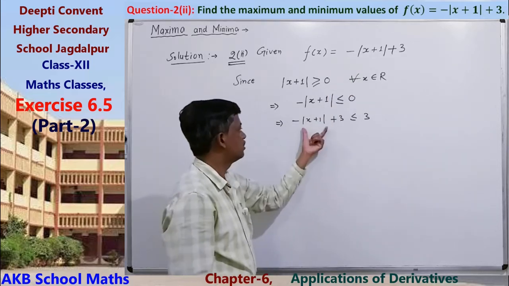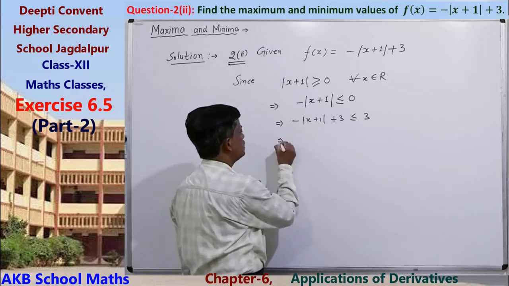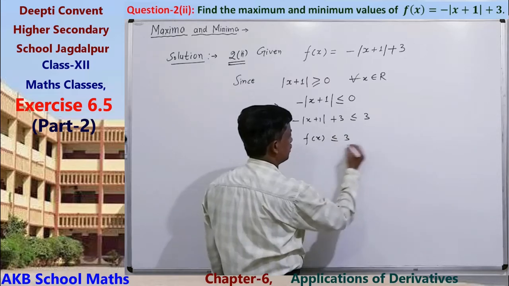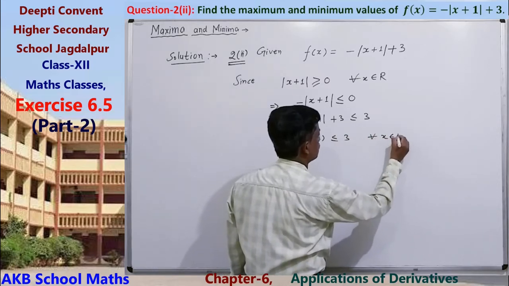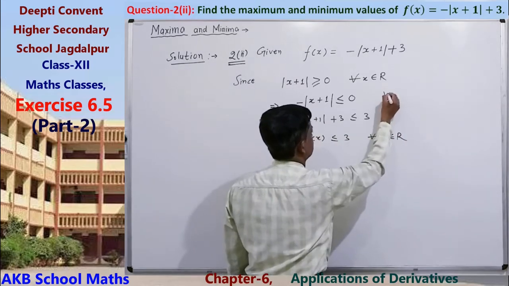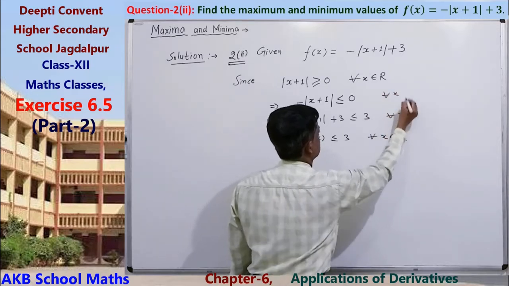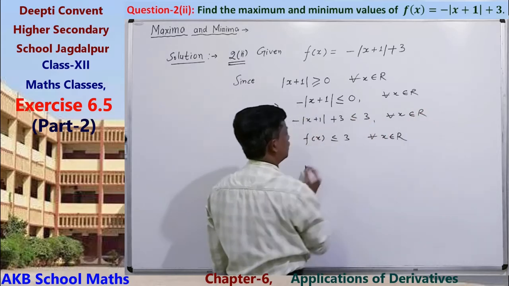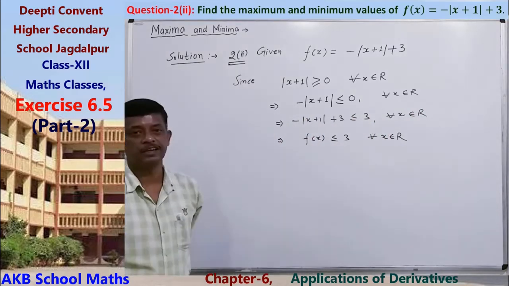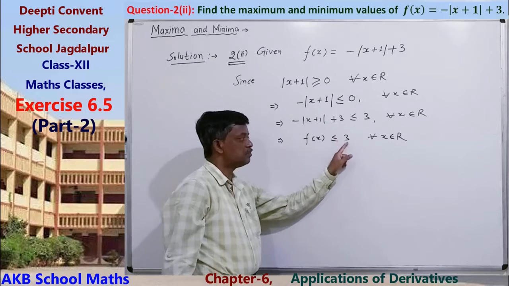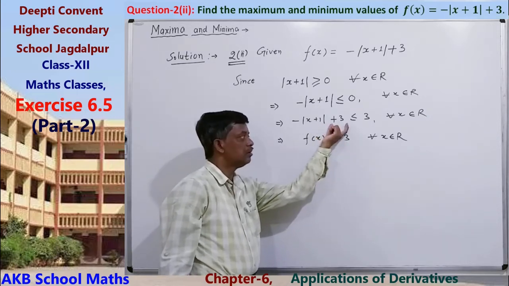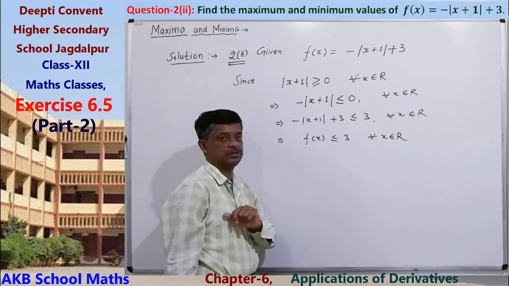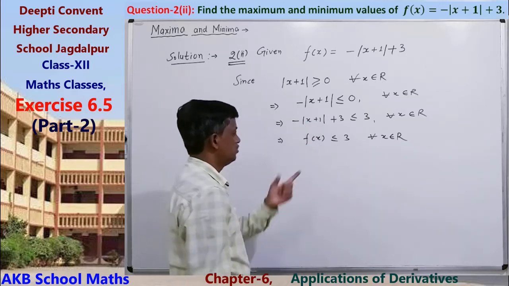So this implies f(x) is less than or equal to 3 for all x belongs to R. Clear? From here it is clear that 3 is the maximum value, and we get 3 when x equals minus 1, because then the modulus is equal to 0.